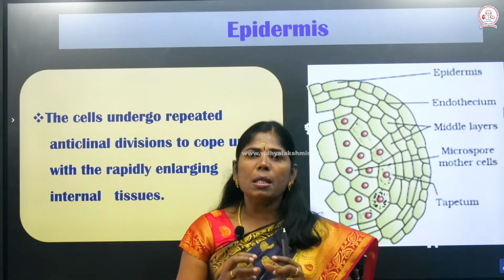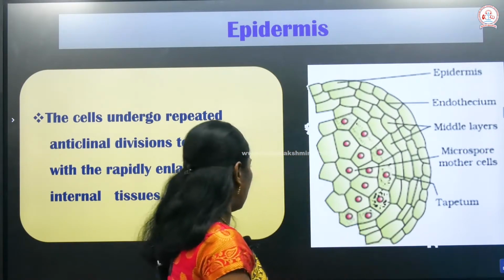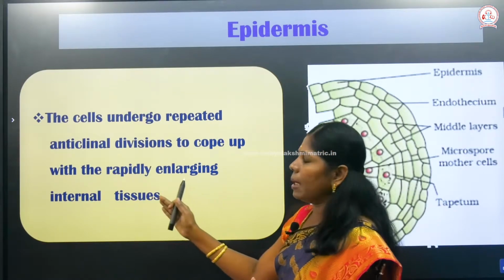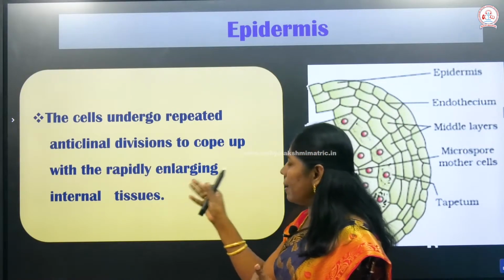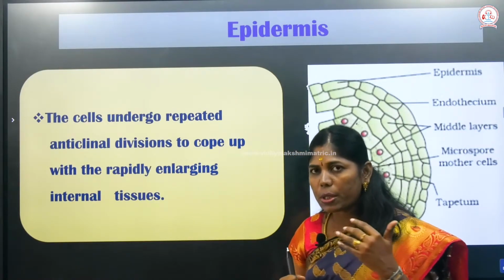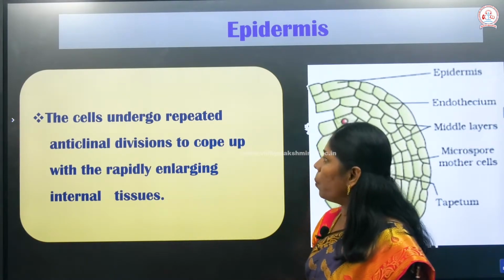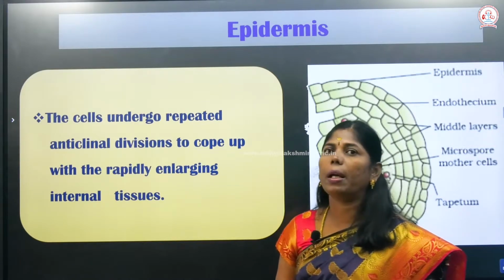By undergoing anticlinal division, the epidermis copes up with the rapidly enlarging internal tissues. That is the function of the epidermis.